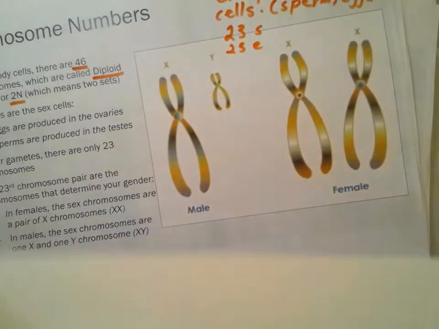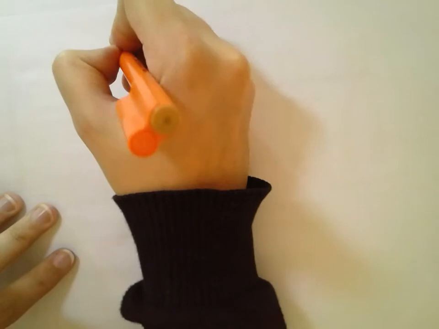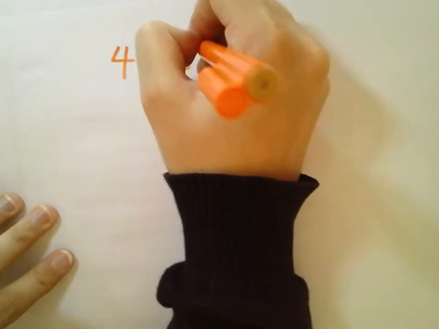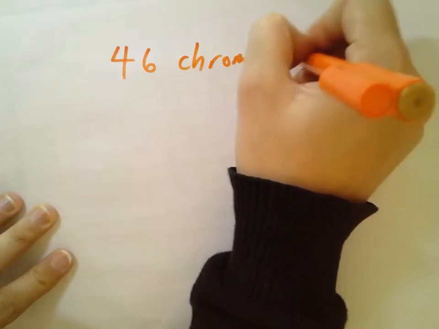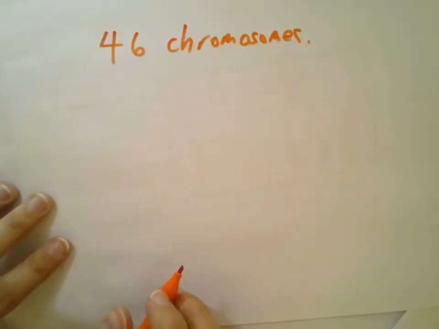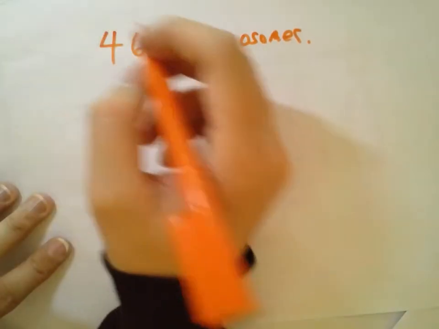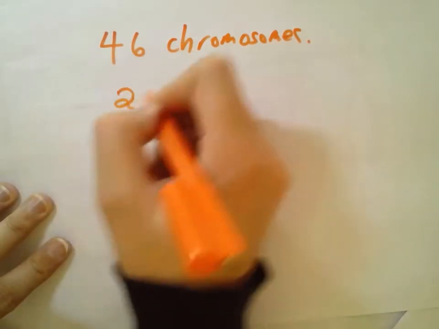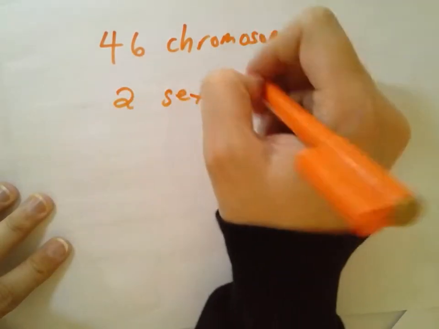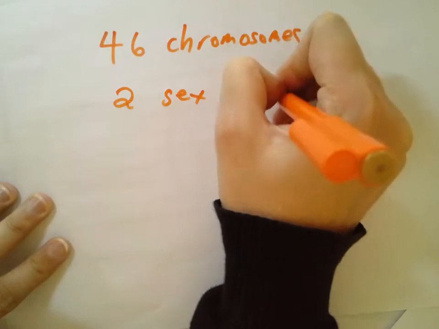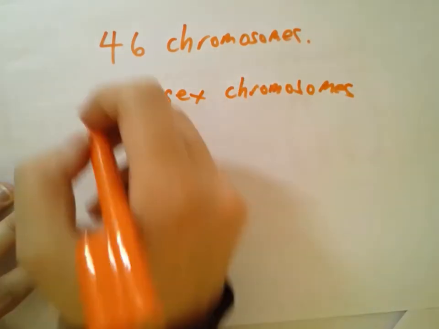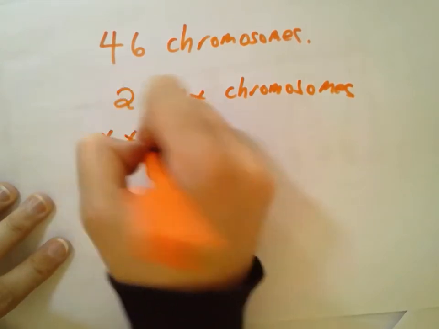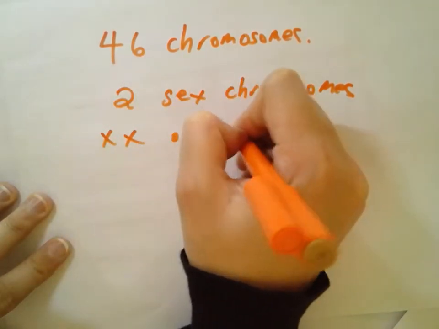Now, one other important point is the 46 chromosomes that we have in our body. Out of those 46 chromosomes, we have two sex chromosomes. It could be XX or XY.